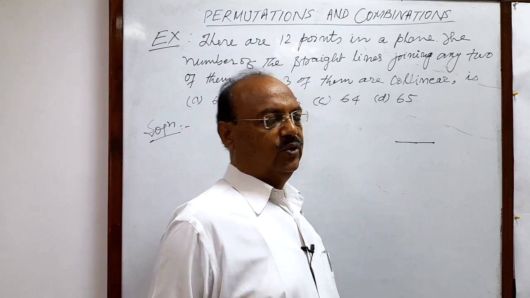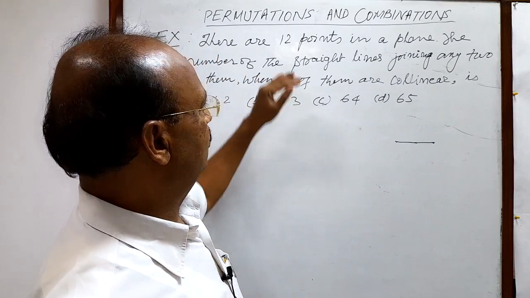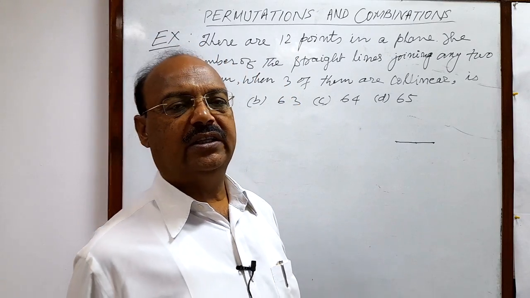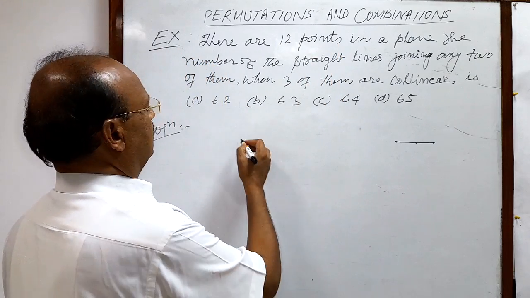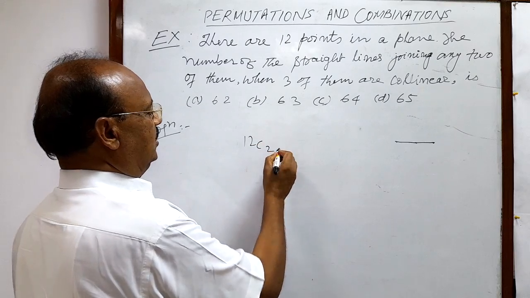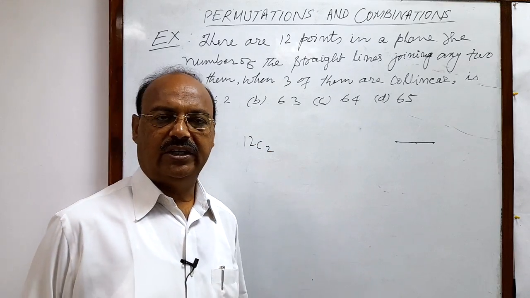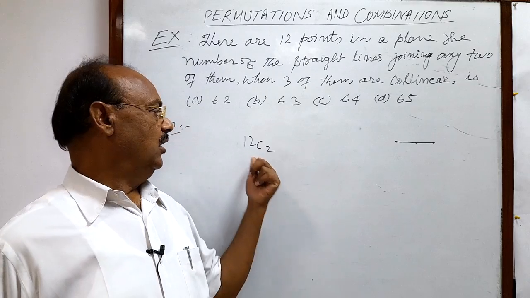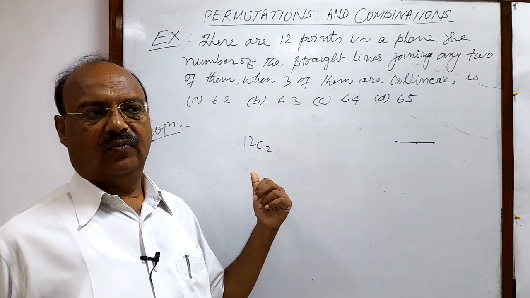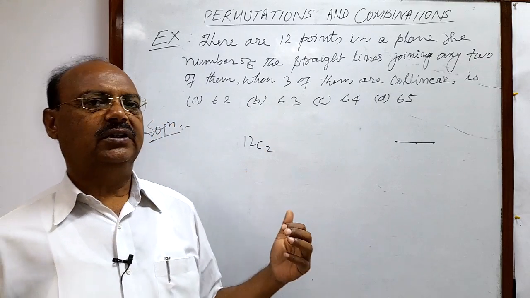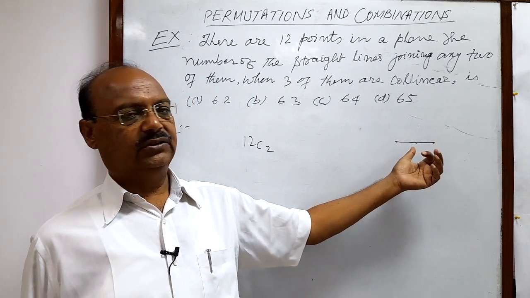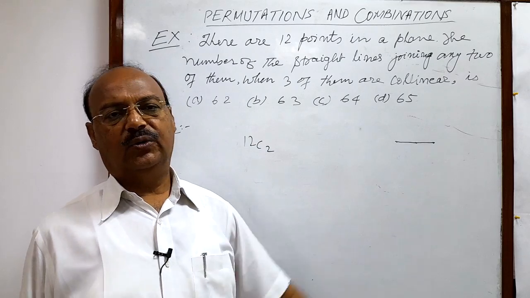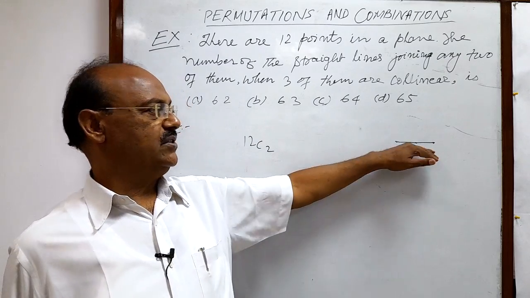Okay, so the total number of lines joining by 12 points, if we take 2 points out of these 12, will be 12C2. We are taking any 2 points out of these given 12 points. Although we know that we cannot get different lines when joining 2 points in 3 collinear points, so this case will be subtracted.